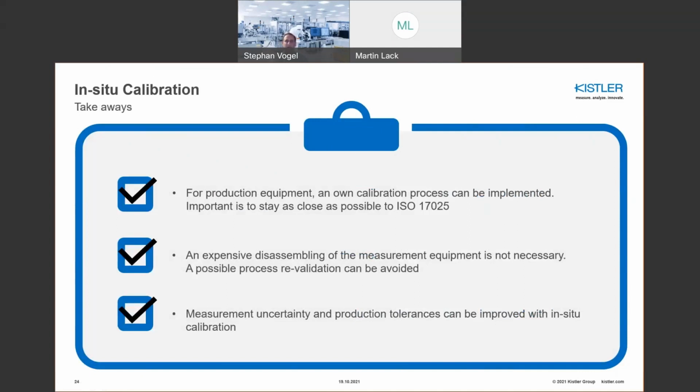This will help you get any certification or approval by an auditor. The most important point in saving time and money is that an expensive disassembling and reassembling of the whole measurement chain is not necessary anymore, and therefore a possible revalidation of a process can be avoided. And the measurement uncertainty and production tolerances can be improved with the in situ calibration.